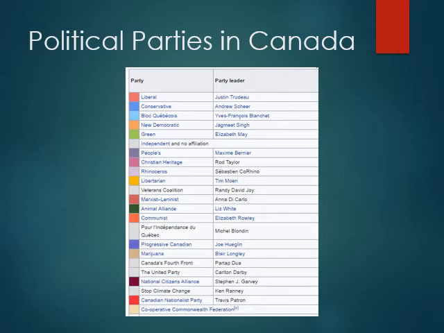So for instance, if you look at this list, we have the Animal Alliance Party, and this party mainly concerns itself with animal rights. We also see on this party list the Rhinoceros Party. Now, this is a resurgence of an old party in Canada whose goal is fairly absurd.